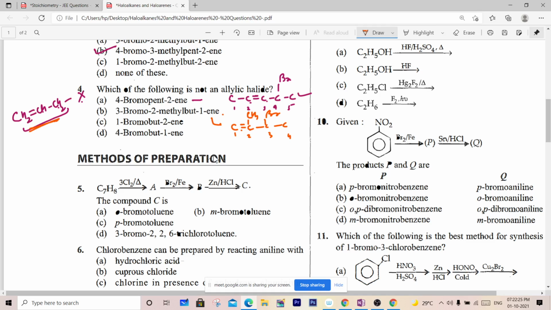If I go for 1 bromo but 2 ene, this is also allylic. But 1 ene and 4 bromo is not allylic, because on the third carbon atom there should be the halogen. So this is not allylic. Understood? Yes.